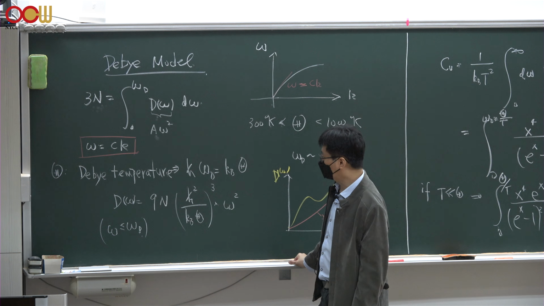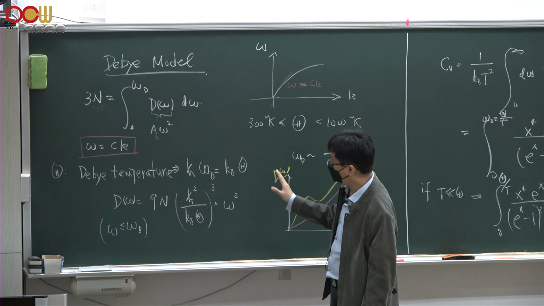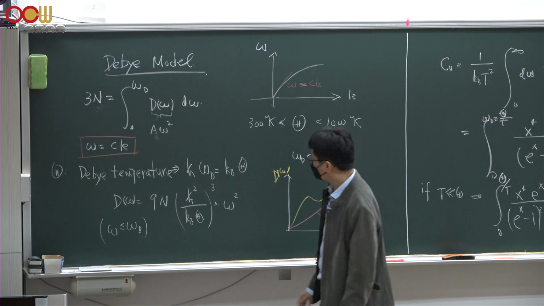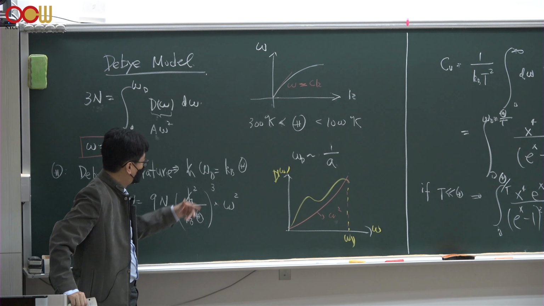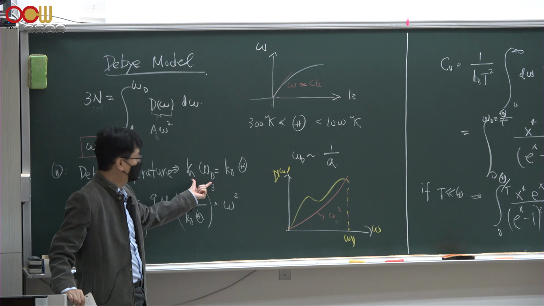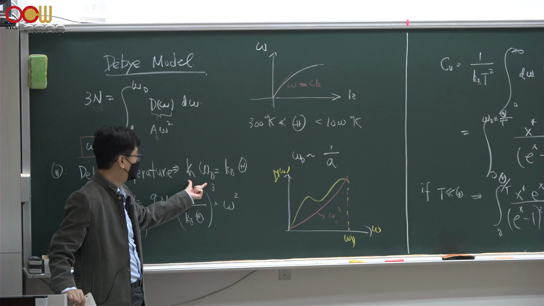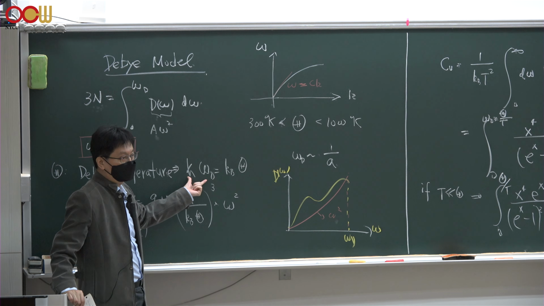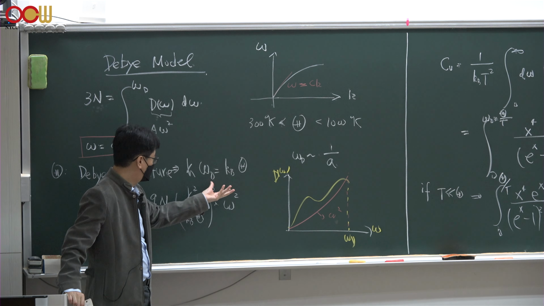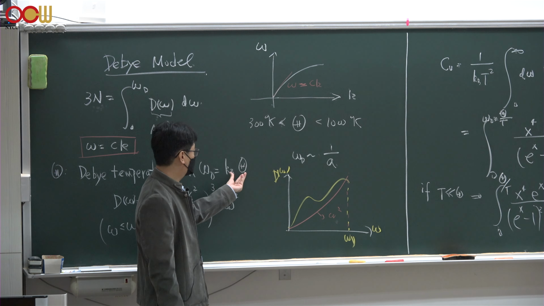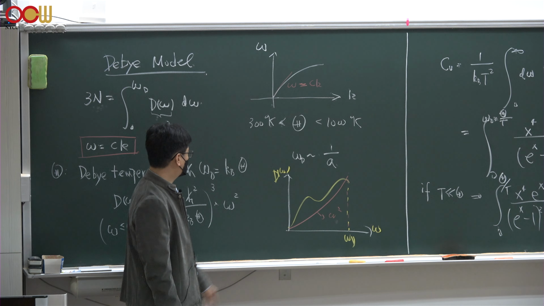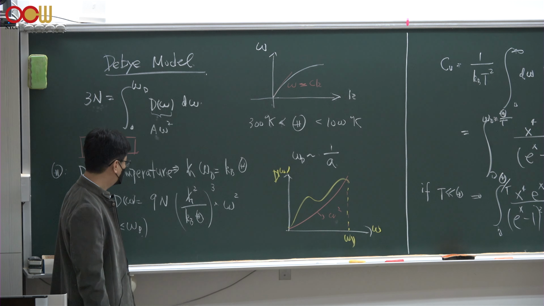It's more convenient to define a Debye temperature, theta, which is the effective temperature coming from the Debye energy. h bar omega D is the Debye energy, which is k_B times the Debye temperature.